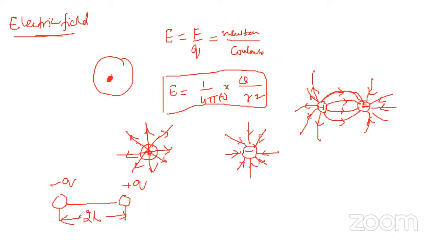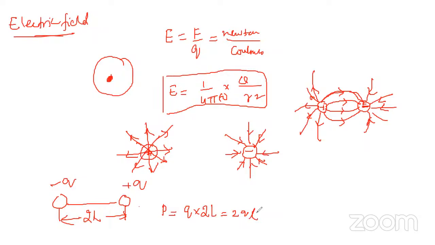If you have a negative charge and a positive charge, separated by a distance of 2L, this is called an electric dipole. The dipole moment P is the product of the magnitude of the charge and the separation distance between them, that is P is equal to Q into 2L, which is 2QL. That is what we call the dipole moment.